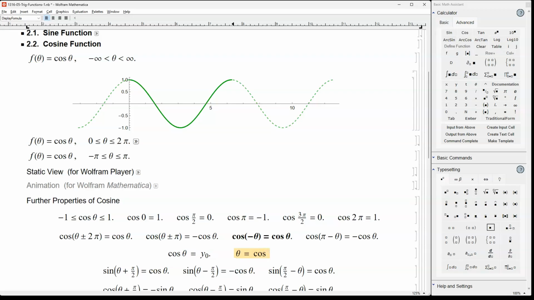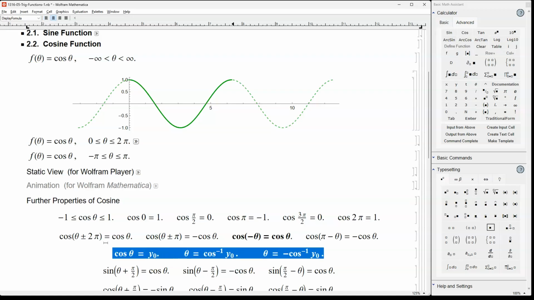Theta is inverse cosine of y naught. And for sine, pi minus that was automatically the answer, but thanks to this, negative of that is automatically the answer. So you can combine these two as plus or minus.